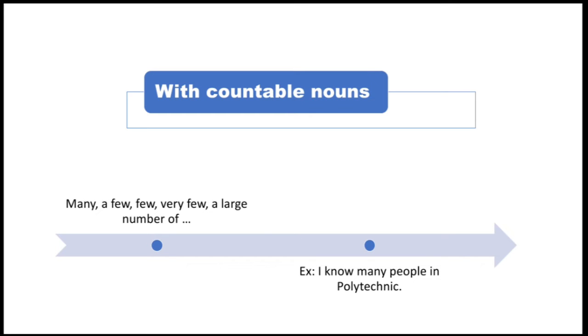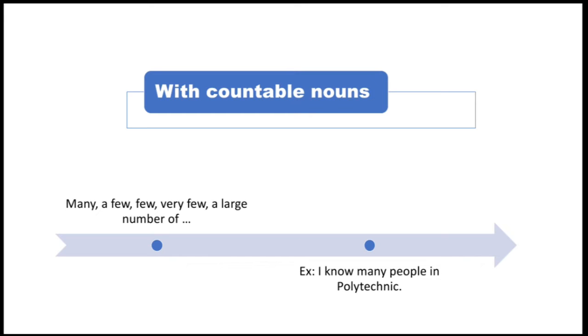Quantifiers with countable nouns. What does a countable noun mean? A countable noun is something that we can count. Examples of quantifiers that we can use in this situation are many, a few, very few, or a large number of, etc. We have a lot of quantifiers that we can use here, but we just take these examples.